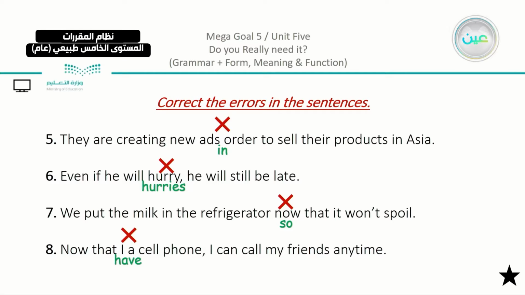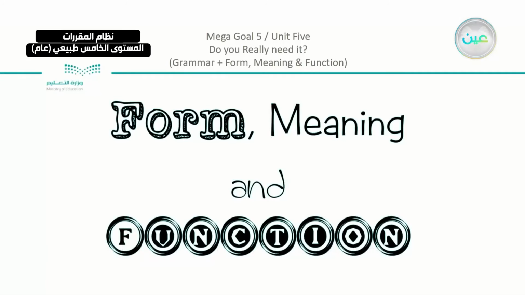Now let's go back to number 6. Even if he hurries, he will still be late. We used here the present simple, and we used the future, which reminds us of what we took in the form, meaning, and function.